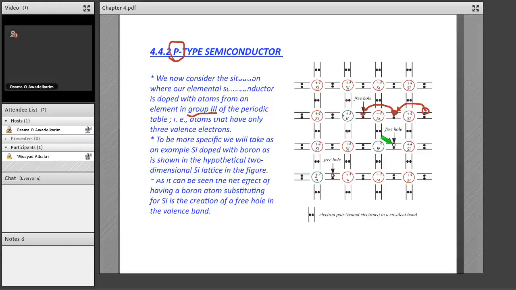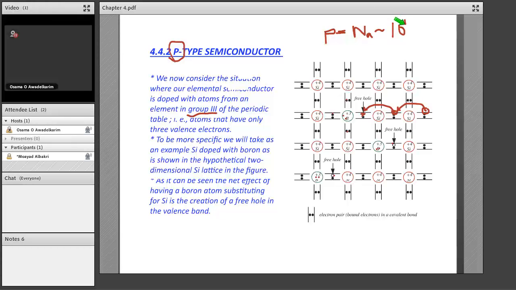And now if I put 10^15 boron atoms in place of silicon atoms, then I have created a concentration of holes p, which is equal to the concentration of acceptor atoms, Na, A for acceptor atoms, and this can be of the order of, say, 10^15 per cubic centimeter.